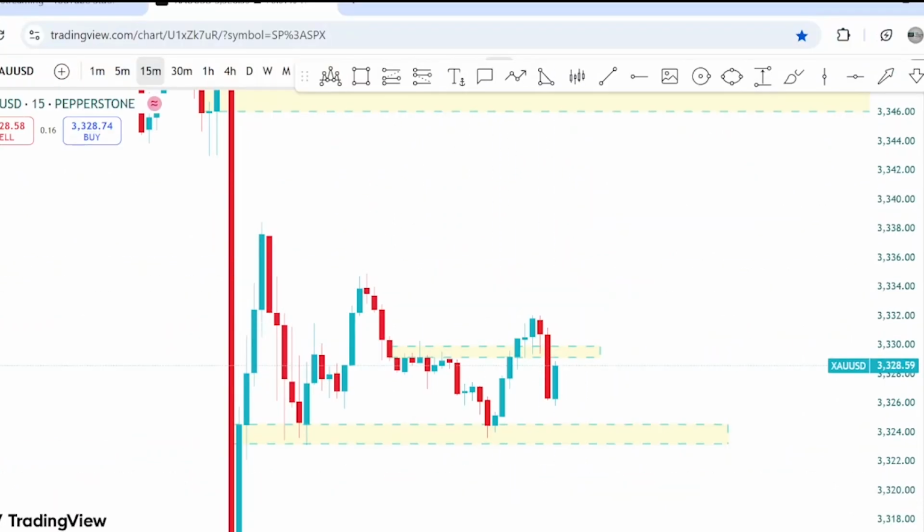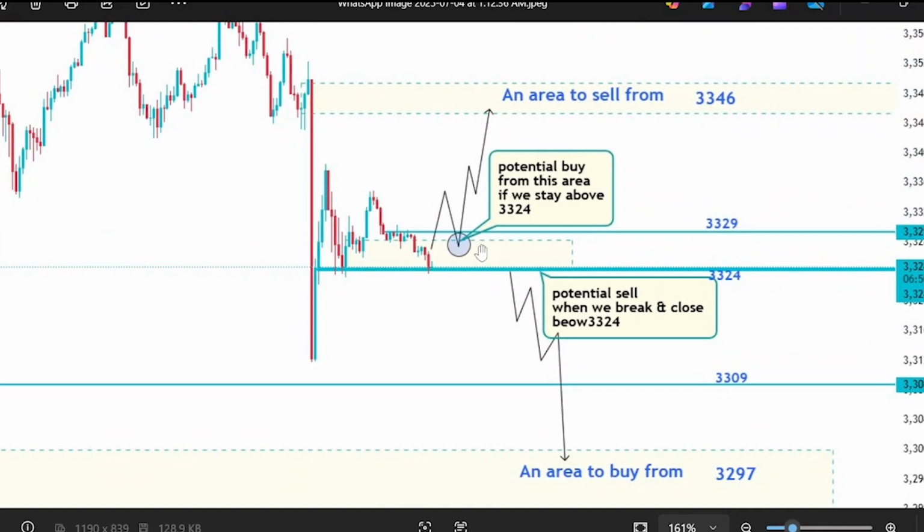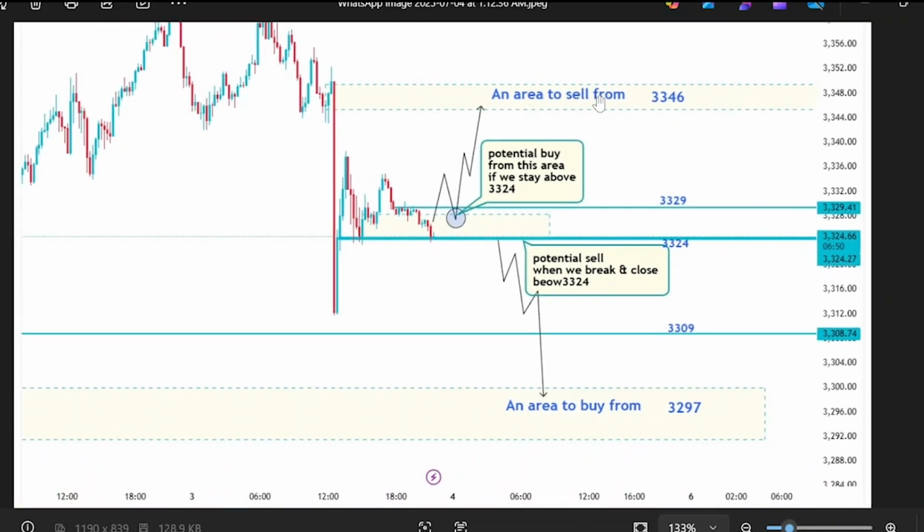We're expecting to take a buy if we create a higher high and a higher low from this area. Breaking below this area, we are expecting the market to continue moving down. If we break below and close below this area, that's where the idea of taking a sell will come from. And even if we move up, this is an area we are expecting to take a sell from.